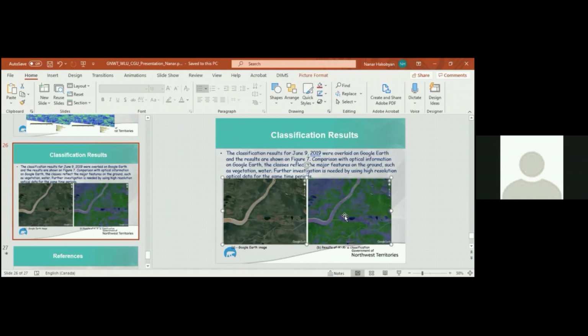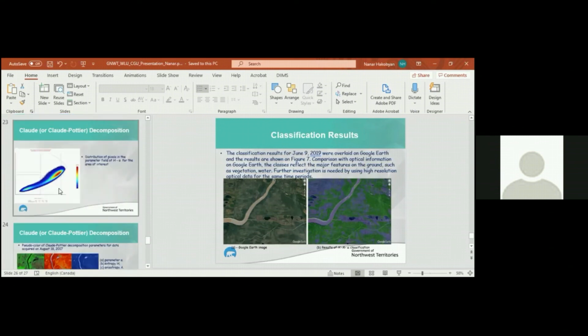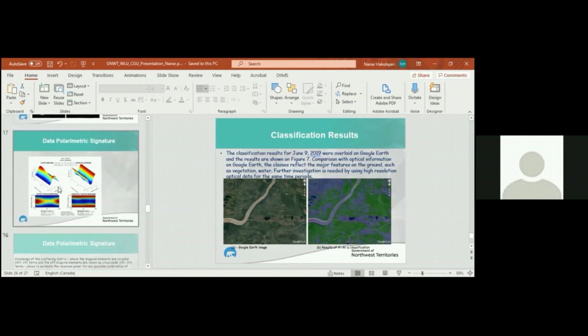You can see vegetated areas, less vegetated areas, water bodies, completely dry areas, or areas that have no vegetation and more rocky areas. So this is very quickly; I wanted to make sure that I cover mainly the results.